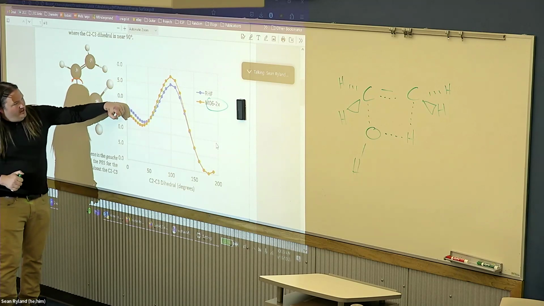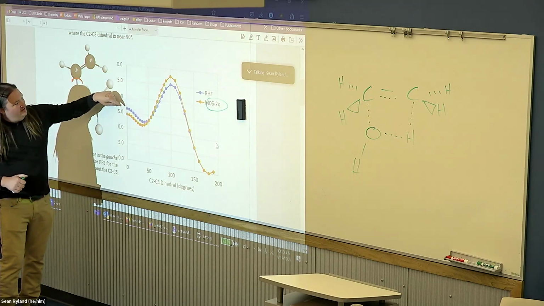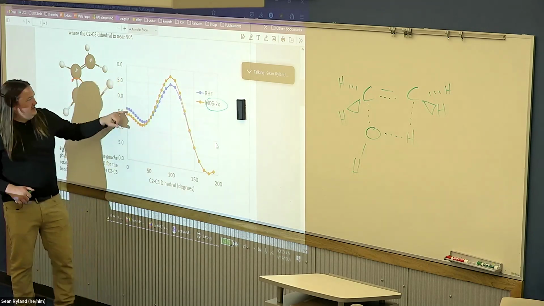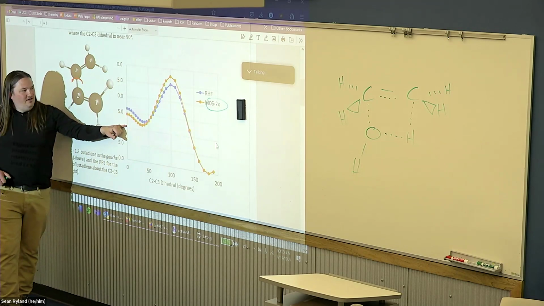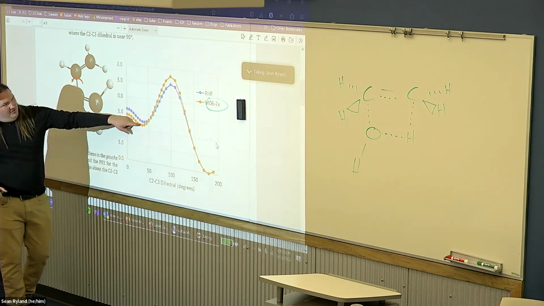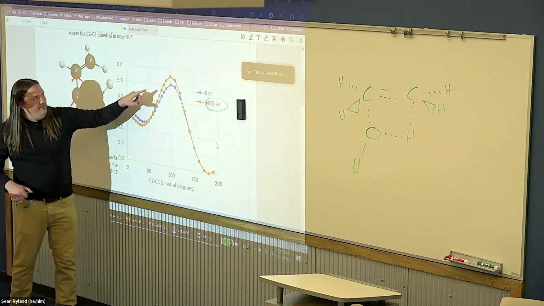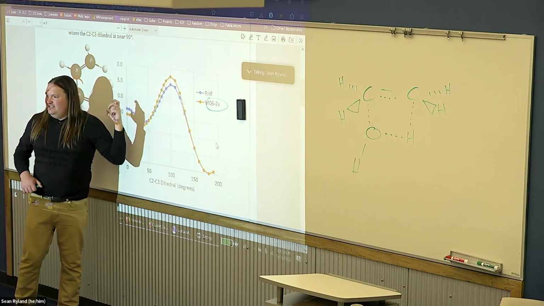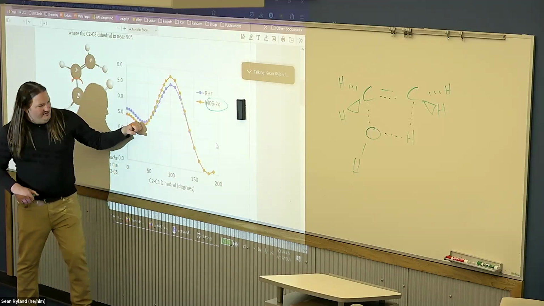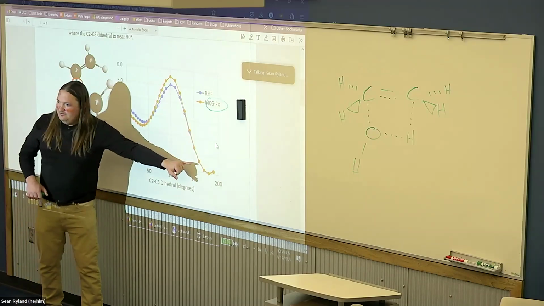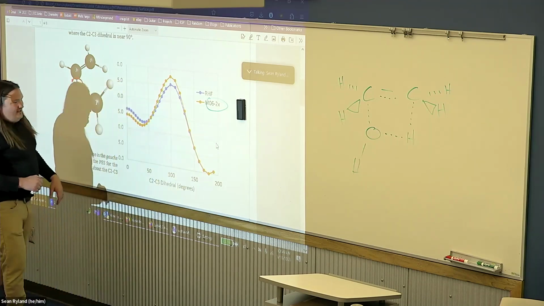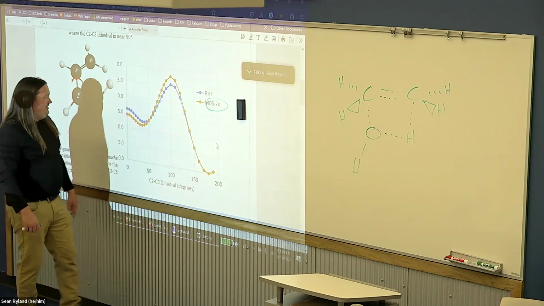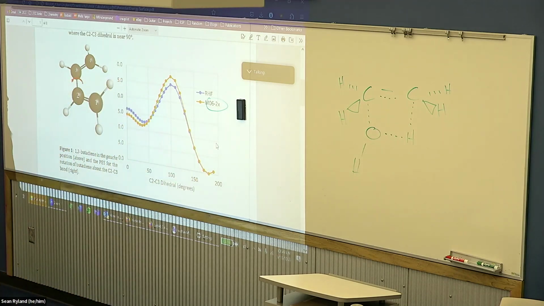If you actually just look at these geometries and these energies, the RHF, the Hartree-Fock, versus M062X are slightly different. And the M062X more closely matches the energies that are measured in lab. If we look at equilibrium constants, we can figure out what these energies are relative to each other. Actually, I don't think we can say that.